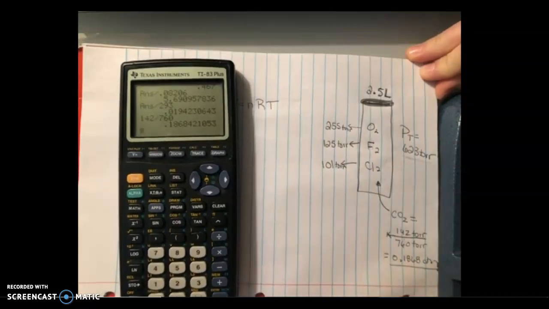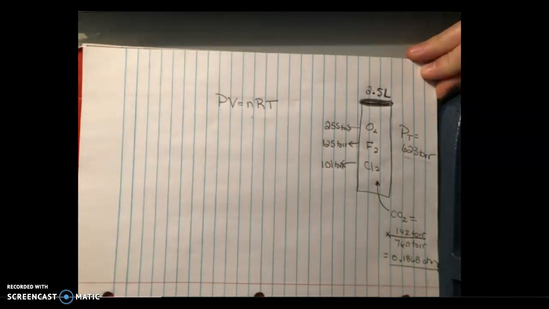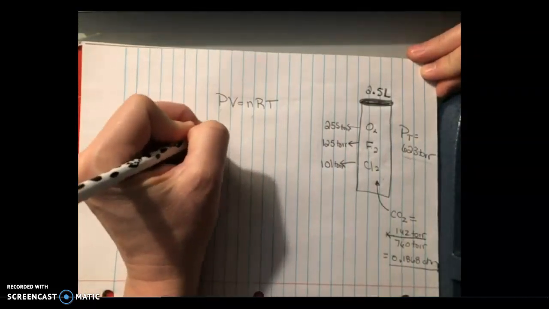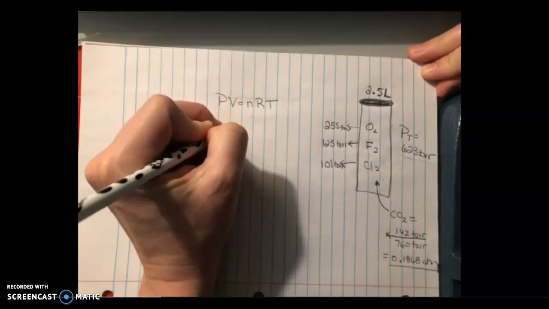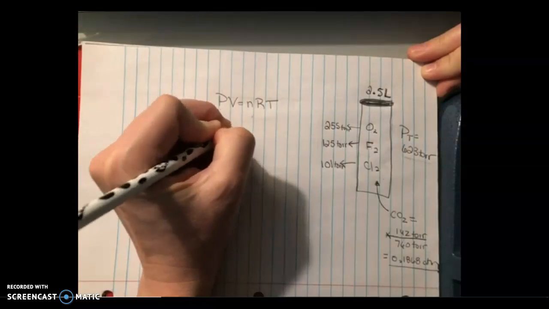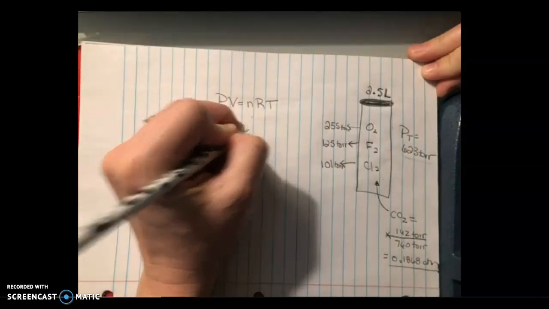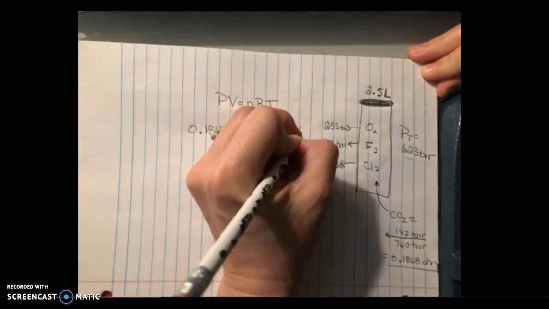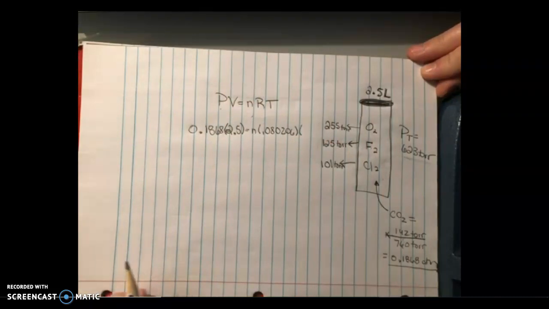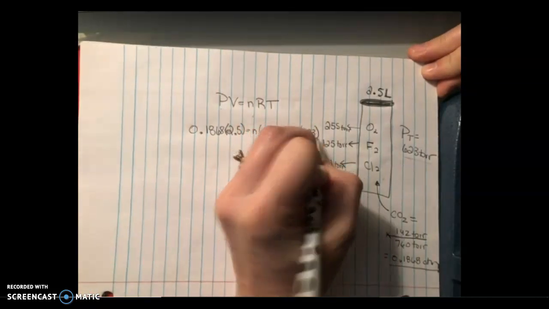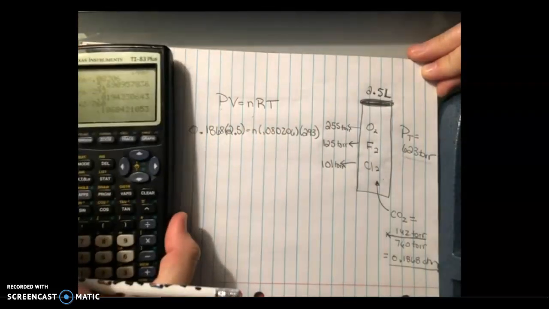Okay, so now I'm going to plug that in. 0.1868 times 2.5 is equal to n that I'm solving for times 0.08206 times, and remember they told us in the problem that the temperature is 22 degrees Celsius, but I need to change that to Kelvin, so that would become 293.